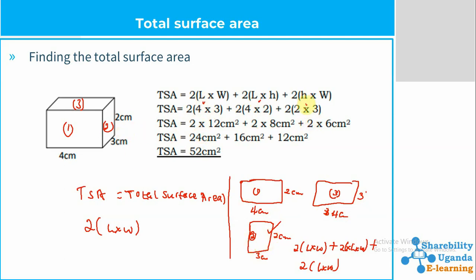After we have substituted in, we just solve this. Here we get 12, 8, and 6. So 2 times 12, 2 times 8, then 2 times 6, and we come up with the total surface area of our cuboid.